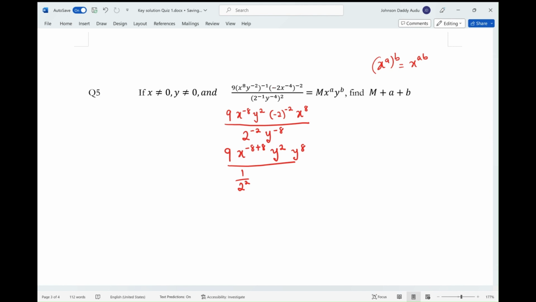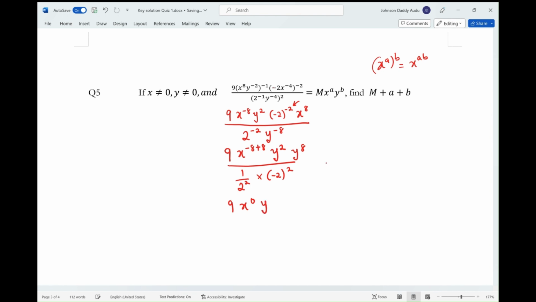Okay, then we need to account for this one here, which can also go down. If it goes down, what will it become? It will become times minus 2 to power 2. Okay, now this is simply 9x to power 0.